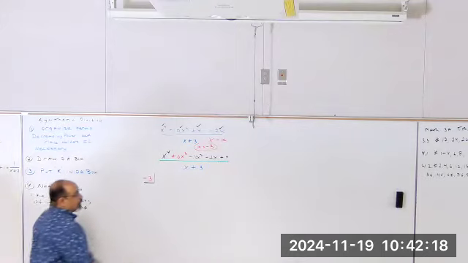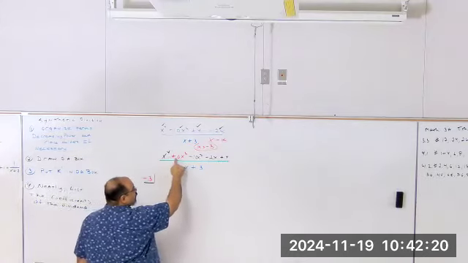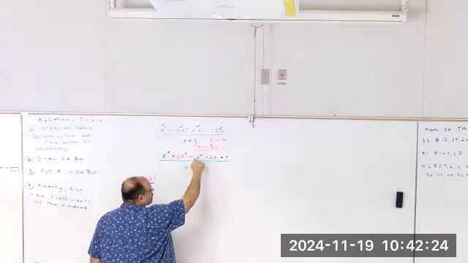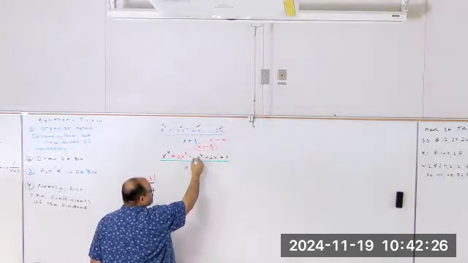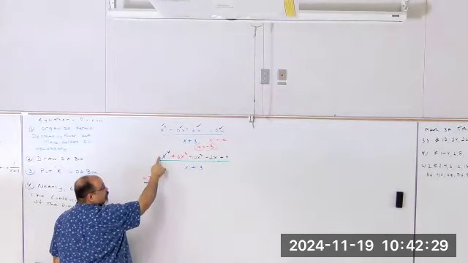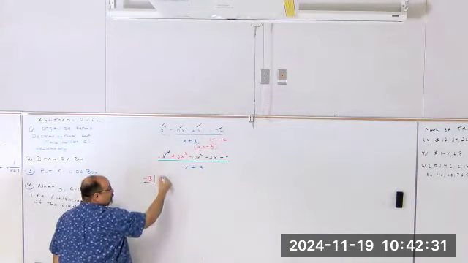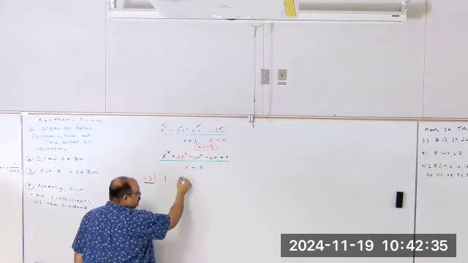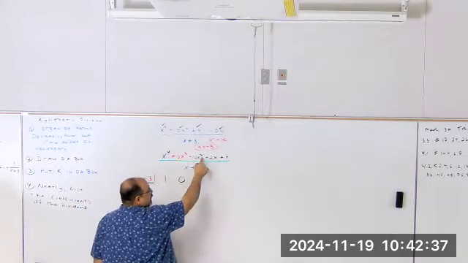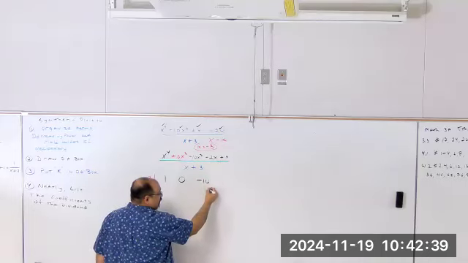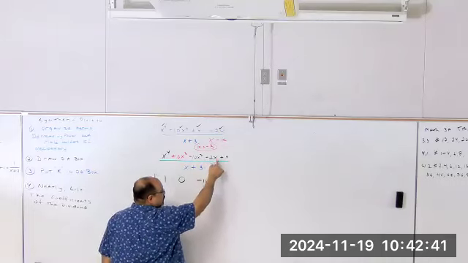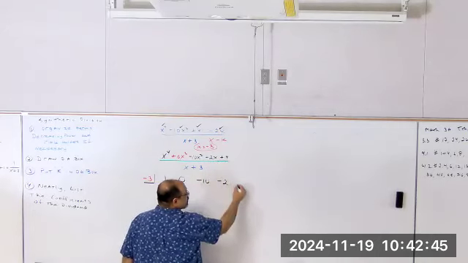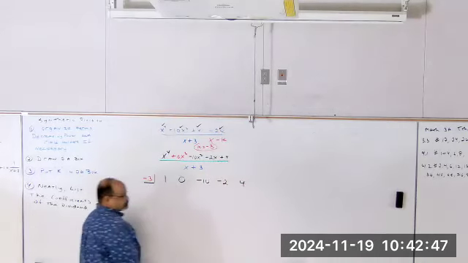The coefficients are the numbers in front of your variables. How many of those variables do we have? So this is a 1 times x to the 4th. So that's a 1. 0x to the 3rd. So that's a 0. That's a -10x squared. So the next one's a -10. -2 times x. So that's a -2. And that's 4 times x to the 0. So the last one's a 4.